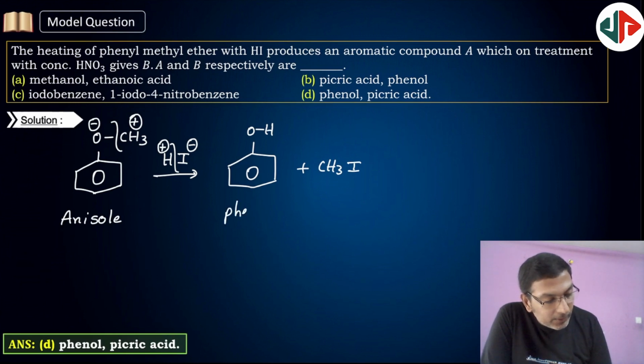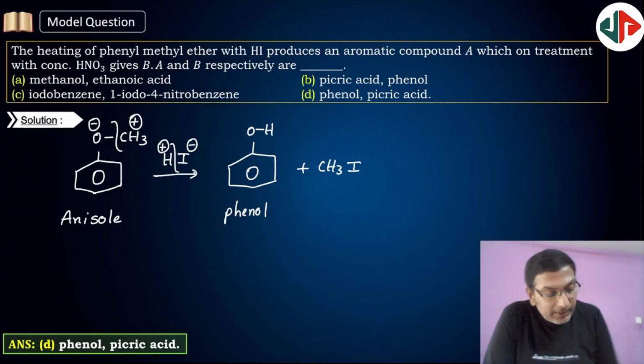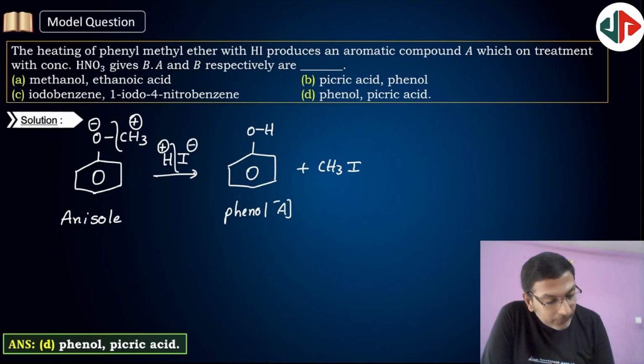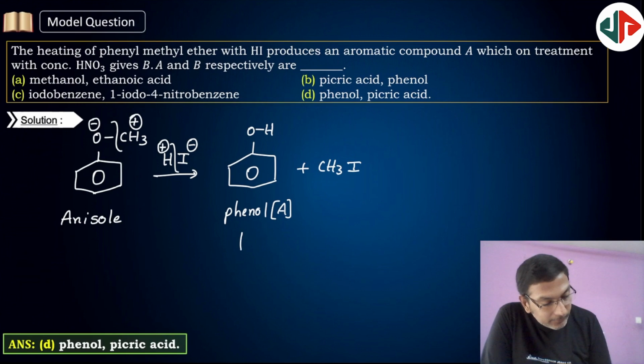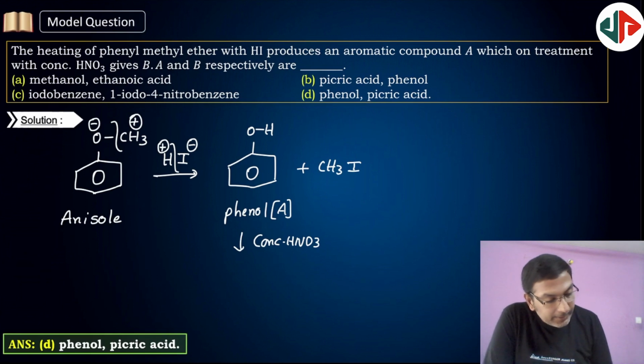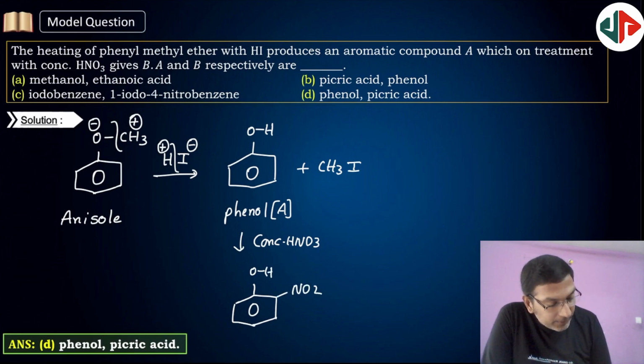Phenol is the aromatic compound A. So A on treatment with concentrated HNO3 gives the famous compound trinitrophenol.